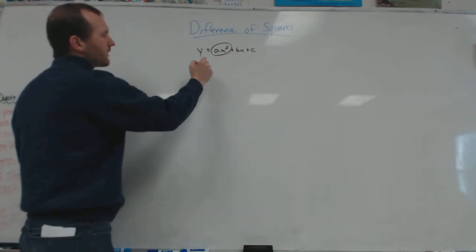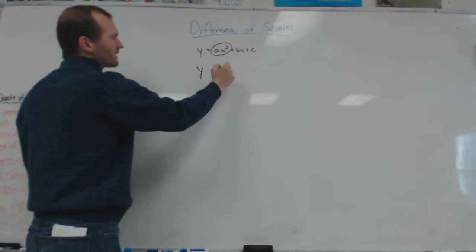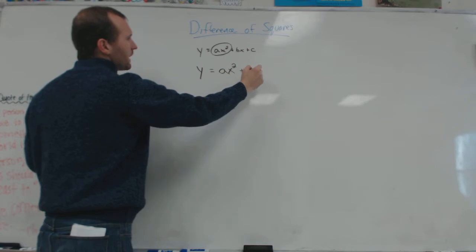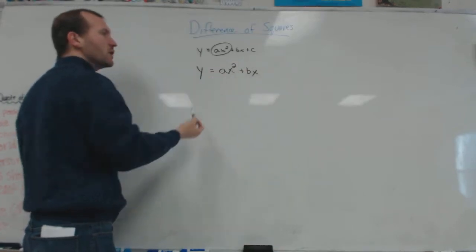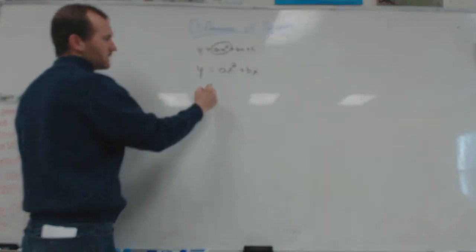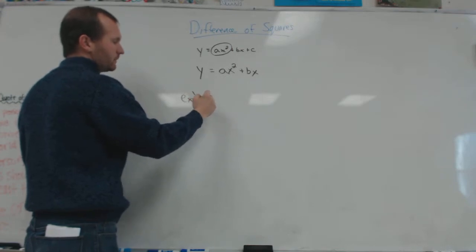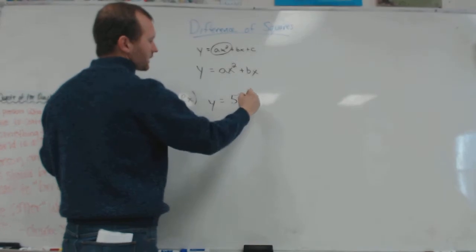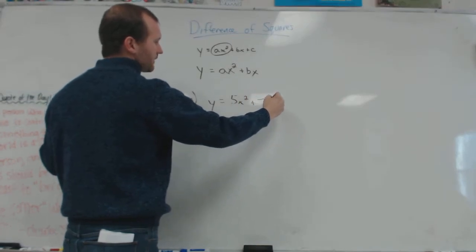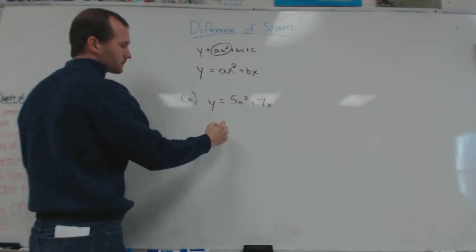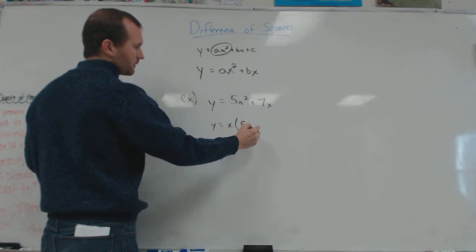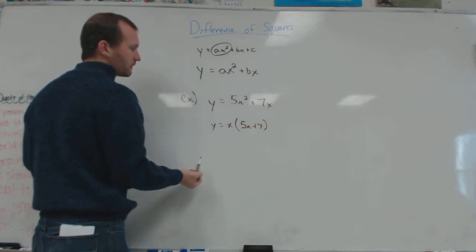So we've already factored things like this: y equals ax squared plus bx. When there's no c, they're actually pretty easy to factor. So for example, you have y equals 5x squared plus 7x. And all you would do to factor this is pull out the x: x times 5x plus 7.